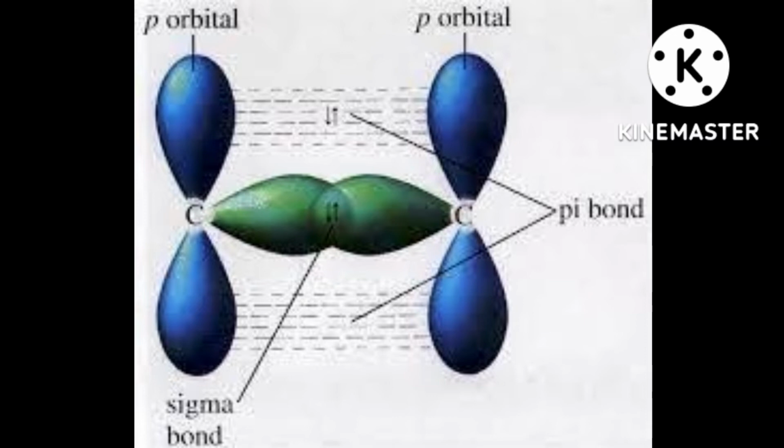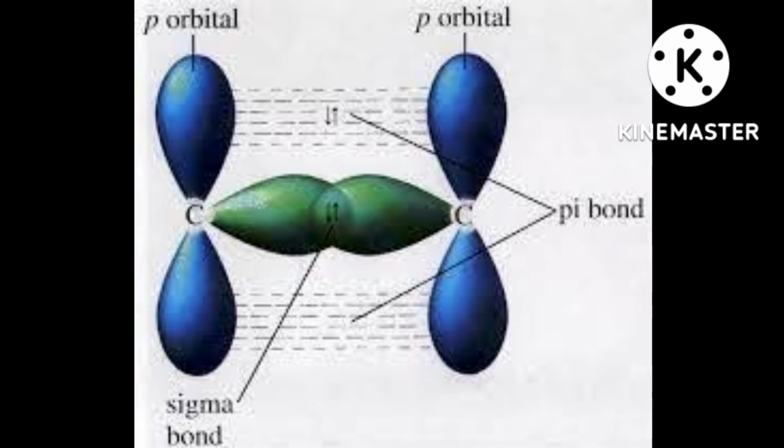For example, these two orbitals px and px will overlap axis-wise, end on, or head on. Three terms are used for the same thing. Px, px will overlap.